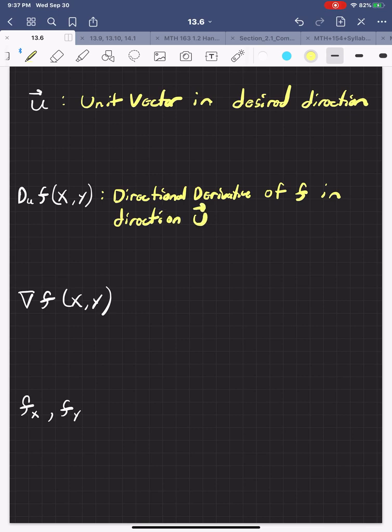It's just a derivative of your function in the direction of u. This del f, this is your gradient, and this is a vector that points in the direction of greatest ascent or descent.